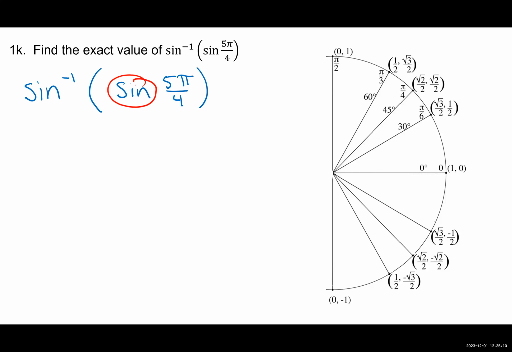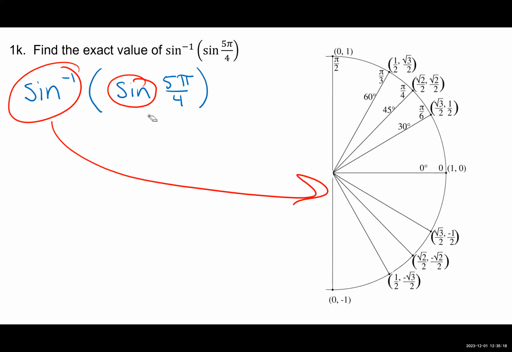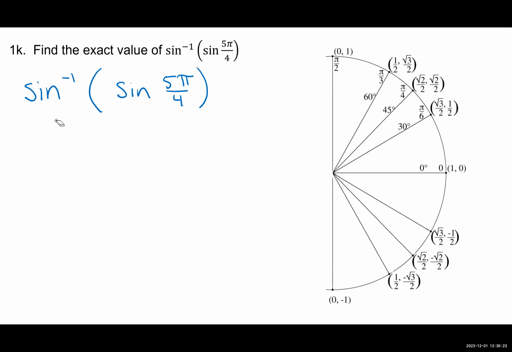The sine function, we use the whole unit circle. We don't need to look at just the half. The half is only for the inverse function. For the sine of 5 pi over 4, we go to the unit circle. The sine of 5 pi over 4 is going to be negative square root of 2 over 2.